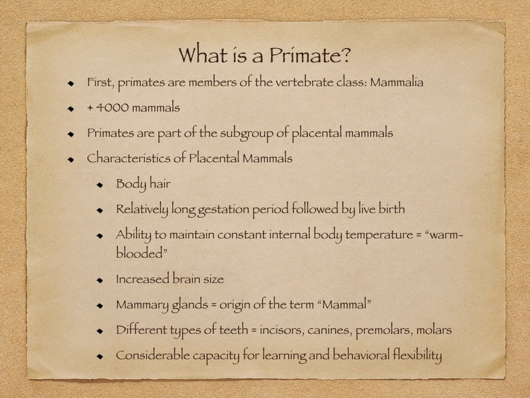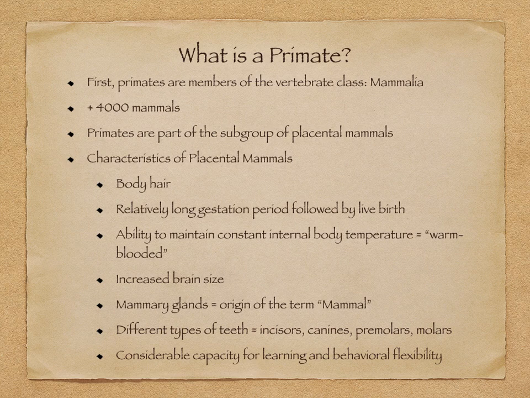So the first point I'm going to make here is that primates are very difficult to define. There are lots of different kinds of primates and they are very varied, but you can take a look quickly and say that they're mammals. They're part of the subgroup of placental mammals. That doesn't include things like platypus that lay eggs.